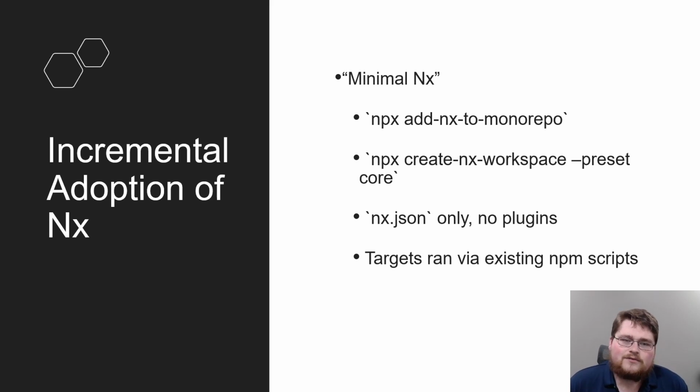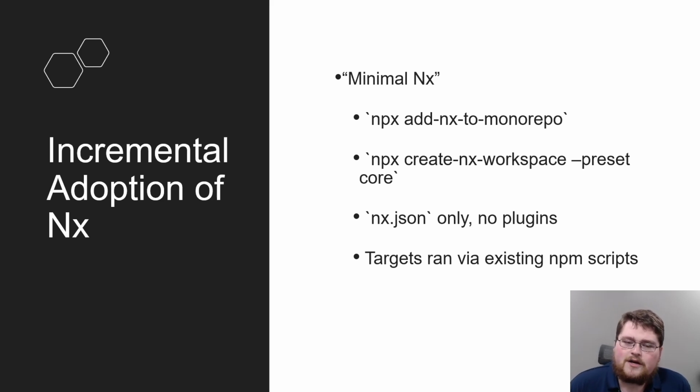In this case, we're going to end up with nx.json only. We're not going to be using any of the plugins, and most of our target definitions are going to be set up with npm scripts and native tooling such as the Jest CLI for testing, or the TypeScript CLI with tsc for executing our TypeScript compilation.